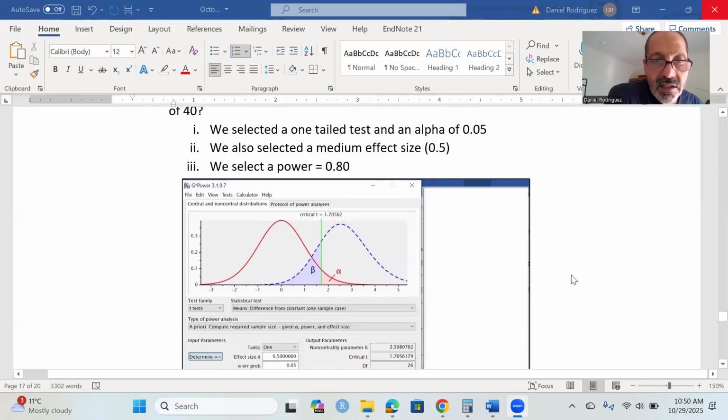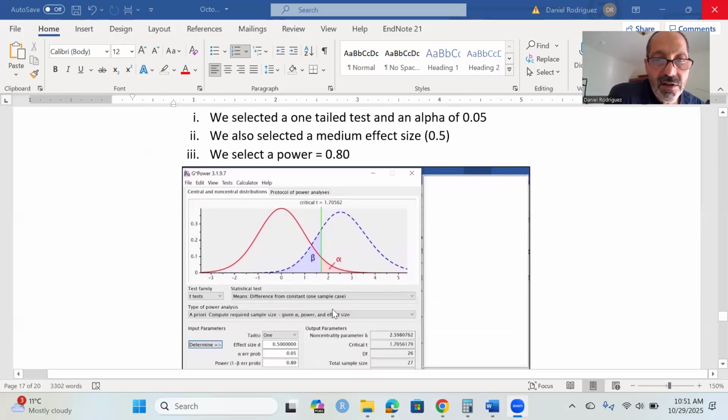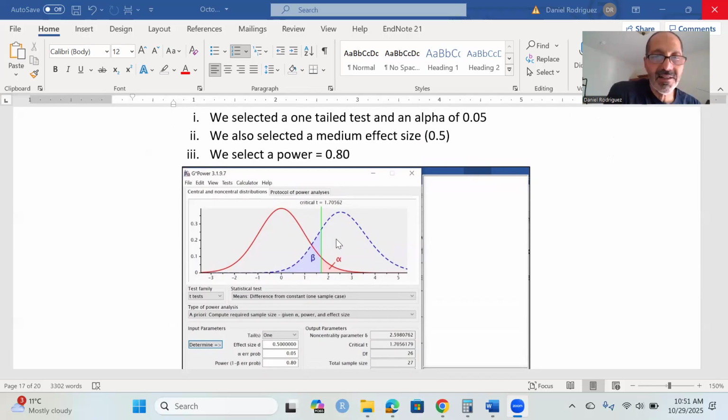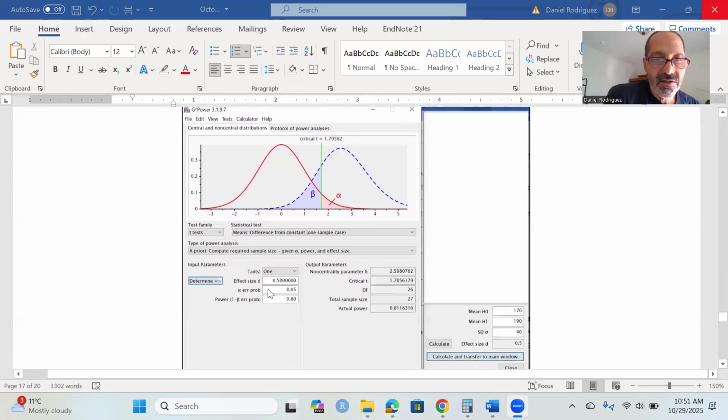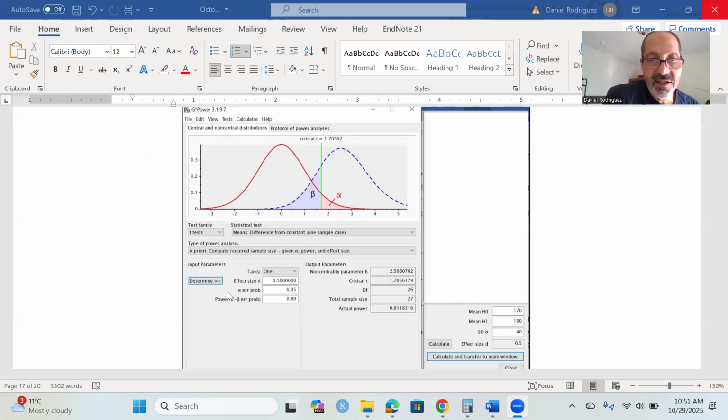Here's our output from G*Power, showing where our alpha is and our beta based on that specific sample size, right? So this is kind of like what I showed you when we did that shrinking distribution. The complement of power is beta, the complement of alpha is confidence. This is one tail, so it shows you here our effect size Cohen's d is 0.5. You can actually ask it to determine it.